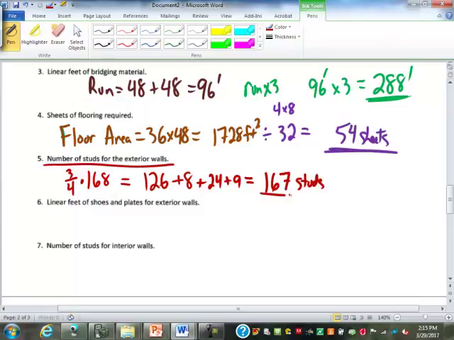Good. Linear feet of shoes and plates for the exterior wall. That's just 3 times the perimeter. So we have the 168 times 3, which is going to be what, 504, I believe.